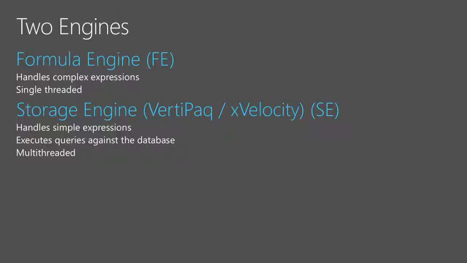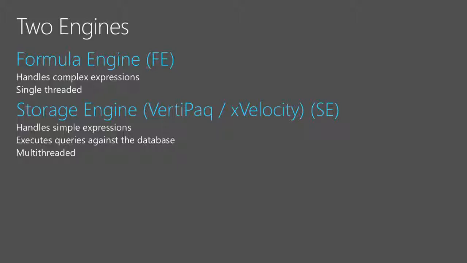So the storage engine handles very simple operations in a very fast way. The formula engine has the knowledge about more advanced and complex formulas. For example, if you ask for the top n, or you ask for certain joins, probably only the formula engine can do that. But when you ask, give me the sum of this column divided by year, the storage engine can do that in a very fast way.